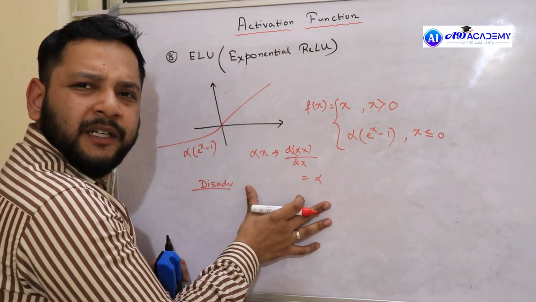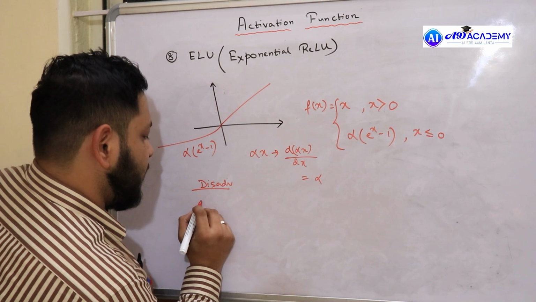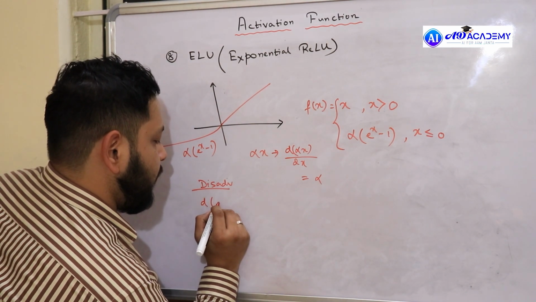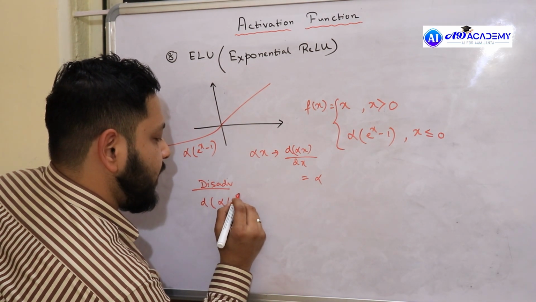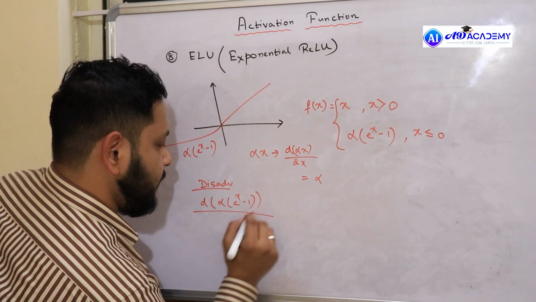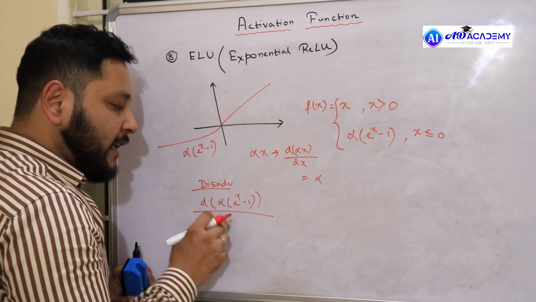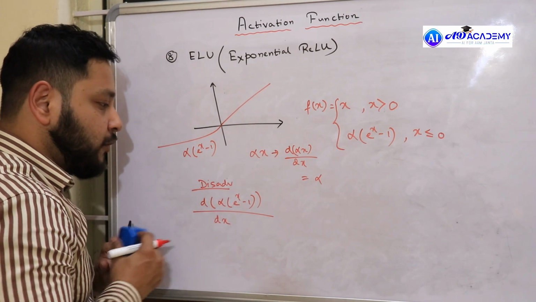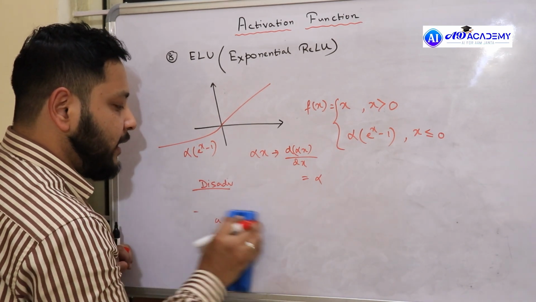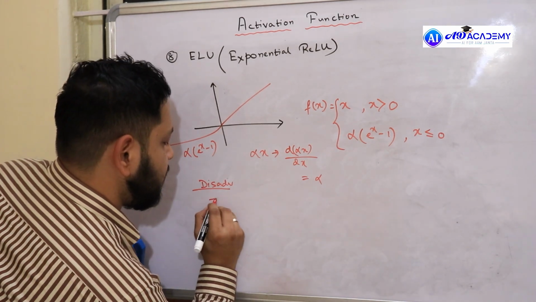So it is very much pretty simple. But in this case what will happen? Derivative of alpha of e to the power x minus 1 by derivative of x. Since an exponential term is involved, this will be time consuming, quite natural.